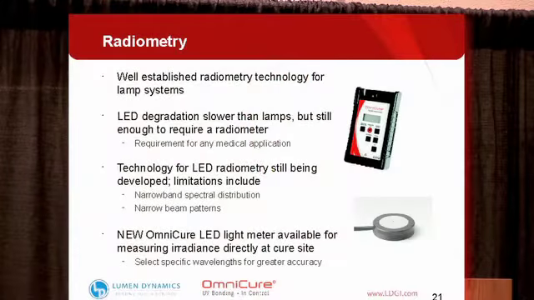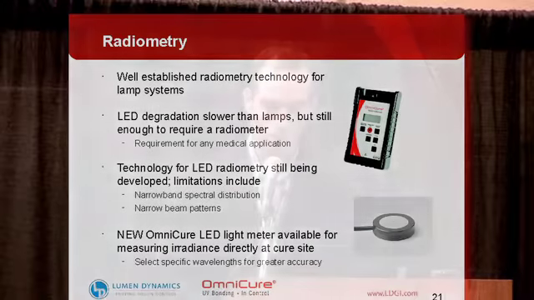So we've actually introduced the new Omnicure LED light meter, which we think has really tackled both of these challenges in a very unique product. What we've done is we have a very special calibration process where we calibrate the sensor at 10 nanometer intervals from 300 nanometers up to 720 nanometers.